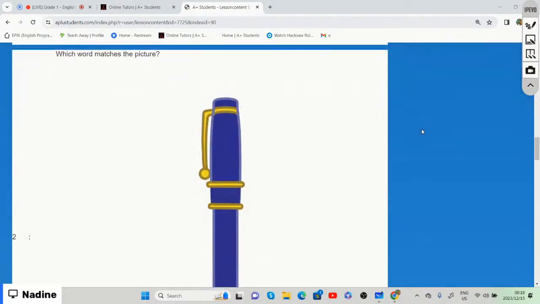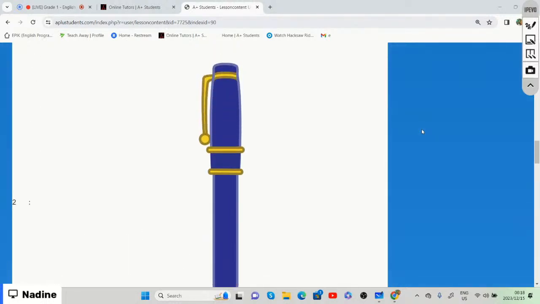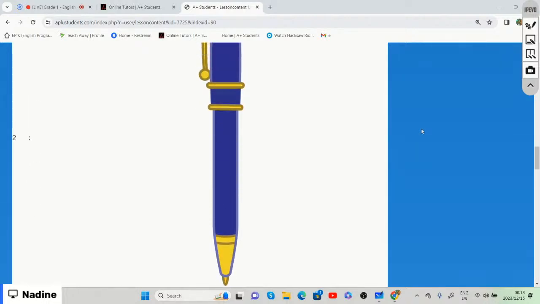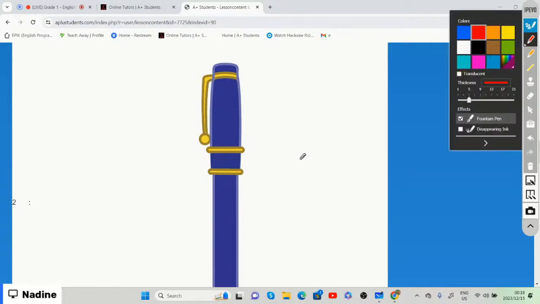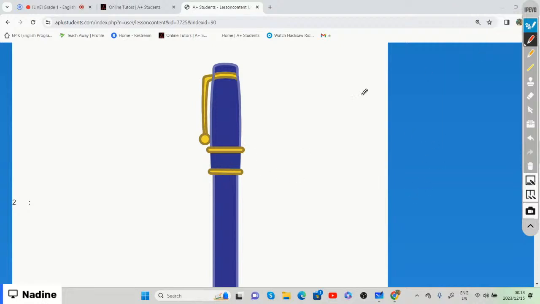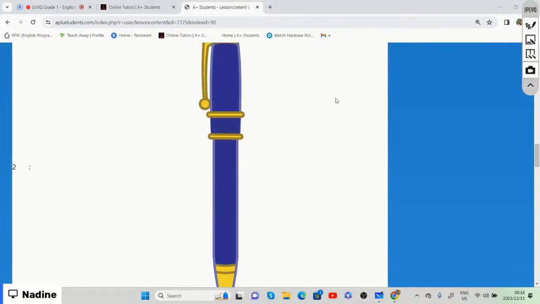All right, so which word matches the picture? Look at the picture. What do we see over here? If we look at this picture, we can see it is a pen, so it's one pen.